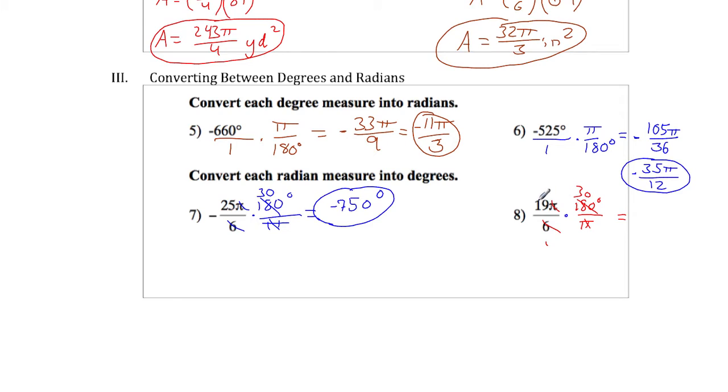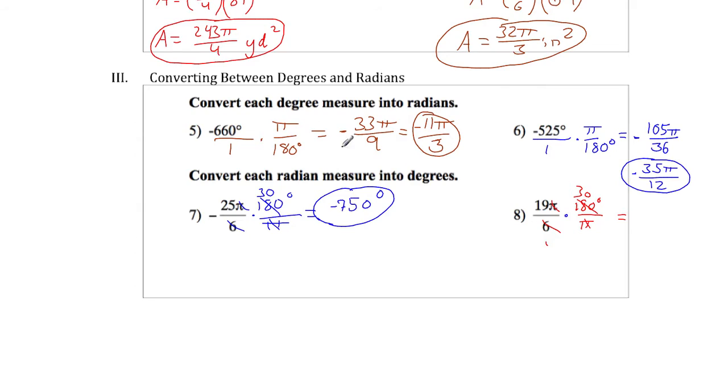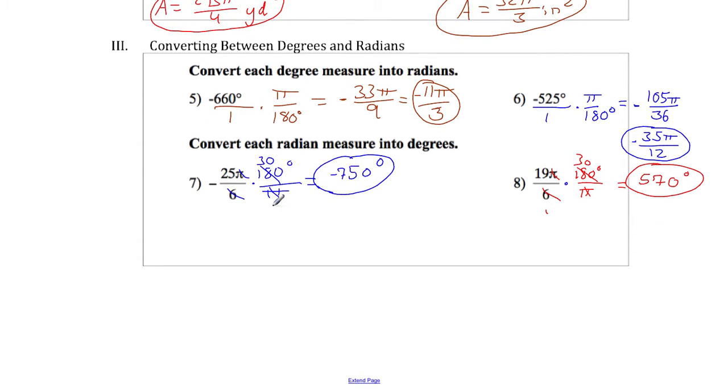So 30 times 19 is going to be 570. I was right with the last two. All right, so 570 degrees, and that's it. So again, these problems you can see are a little bit more calculator heavy, but again, just know it's pi over 180 or 180 over pi.